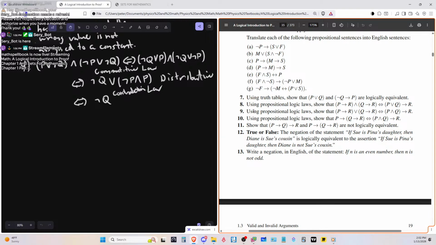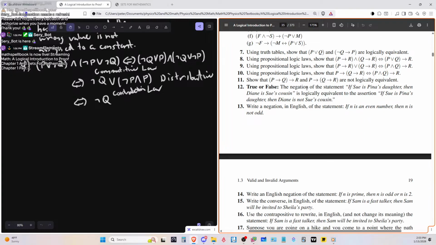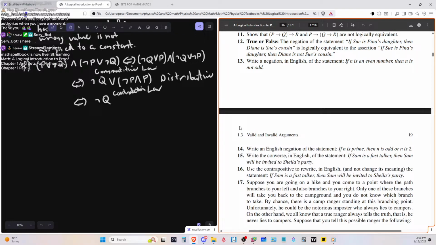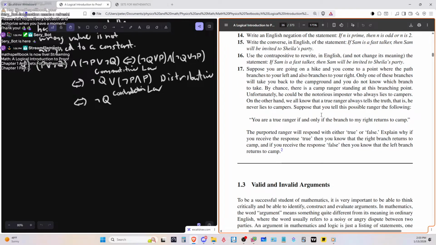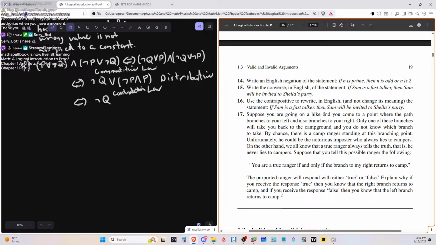Another one of those. Show that it is not equivalent, true or false. The negation statement is okay. What does the last problem say? Explain why if you receive the response true, then okay.